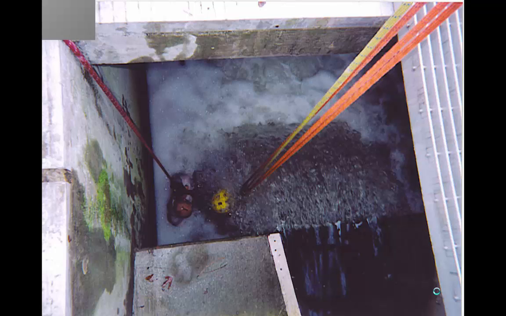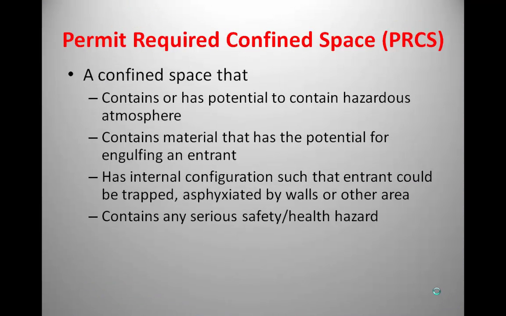So you've got a space that's a confined space. Now if that confined space meets any of these criteria, it's considered a permit required confined space. And this is probably one of the more confusing aspects in the standard, because if you ask a compliance officer, they're very quick to tell you that any confined space is a permit required confined space until deemed otherwise.